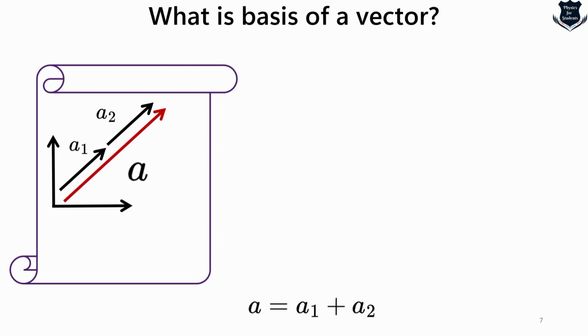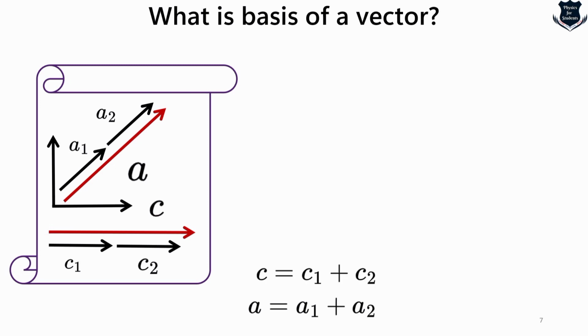So you can see that these arrows in the two-dimensional space are basically created by combining these two standard arrows. You can think of this like a treasure map: whether you will go forward, upwards, in which direction, that is what the basis of the vector determines. Similarly, if I draw this arrow and name it C, then I can say C equals C1 plus C2.